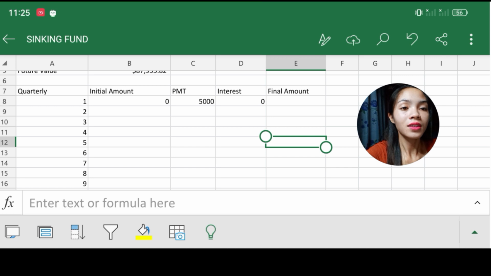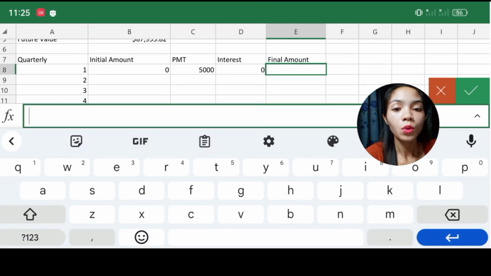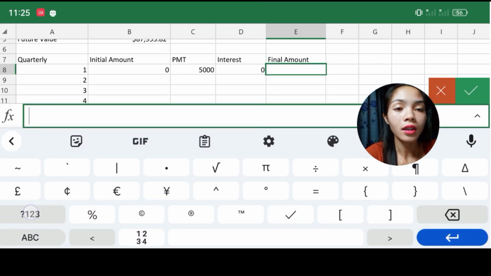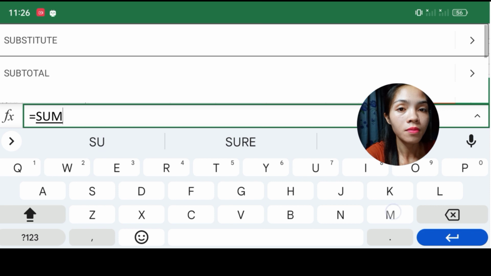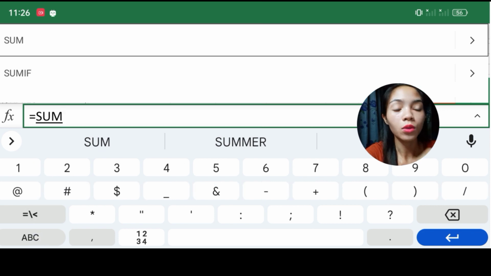For the final amount, we put an equal sign and write sum, because we add the initial amount, the interest, and the PMT.